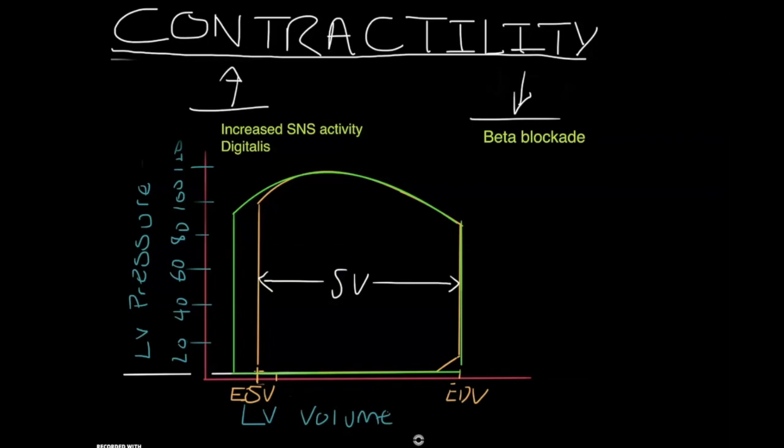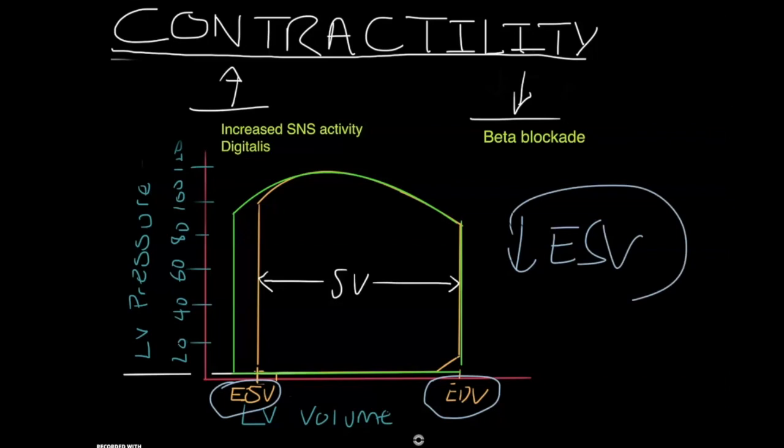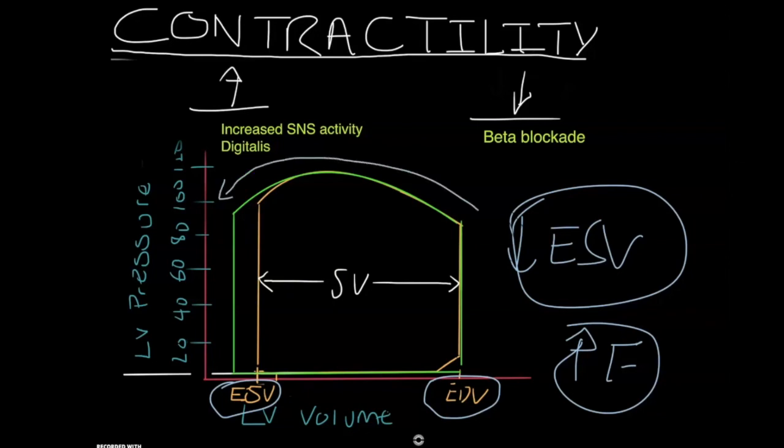So basically what's going on here is that due to the increase in contractility, our end diastolic volume stays the same, but our end systolic volume is decreasing. Our end systolic volume is decreasing because the amount of blood there is constant, everything is constant, but there's a greater force generated behind that blood, and as a result of that greater force, more blood is pushed out of the left ventricle at the end of that contraction.